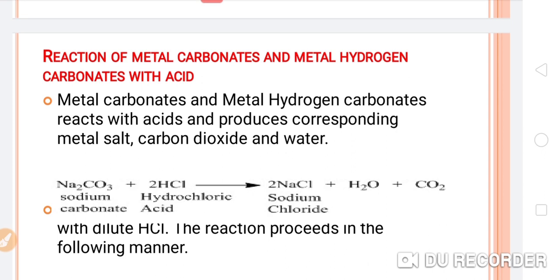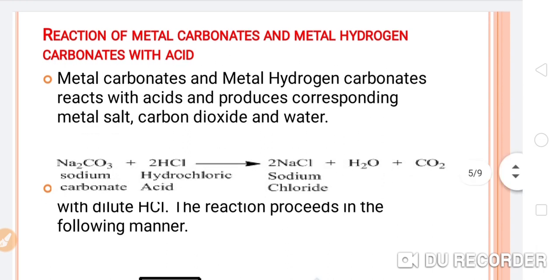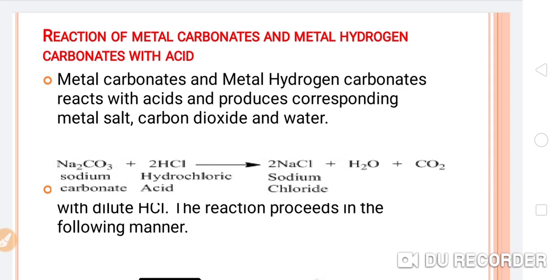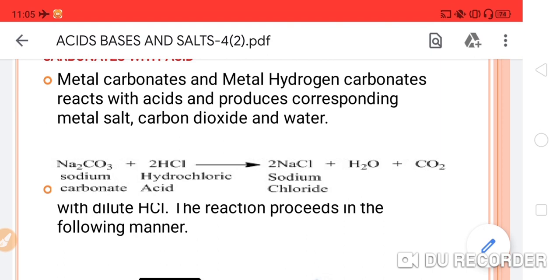So when metal carbonates and metal hydrogen carbonates react with acid, they will produce their corresponding metal salt, carbon dioxide gas and water. So let's see the first example. Here you can see sodium carbonate is reacting with HCl and it's converting into sodium chloride, water and carbon dioxide gas.